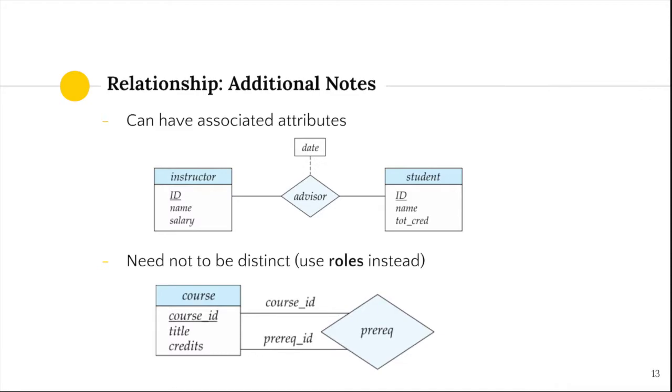So, one course is the course ID, the other course is the prereq ID, but both IDs are course ID inside the set of all courses. An example is the marriage relationship. So, one person is married to another person, and then for the roles, we can have the husband and the wife.